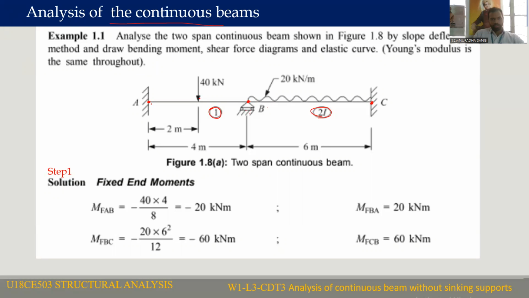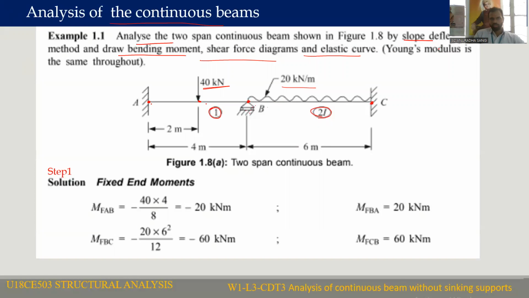For span AB, a concentrated load of 40 kilonewtons is acting at the center of the beam, and a uniformly distributed load of 20 kilonewtons per meter is acting on span BC. We need to analyze this continuous beam by using the slope deflection method of analysis, and also draw the bending moment diagram, shear force diagram, and the elastic curve.